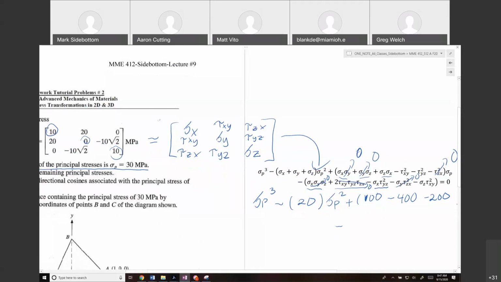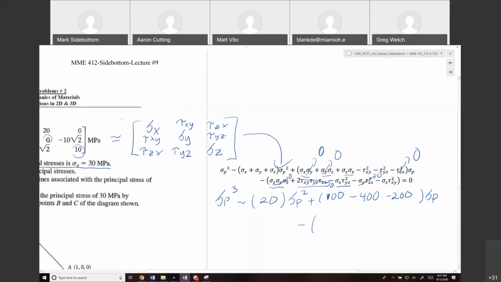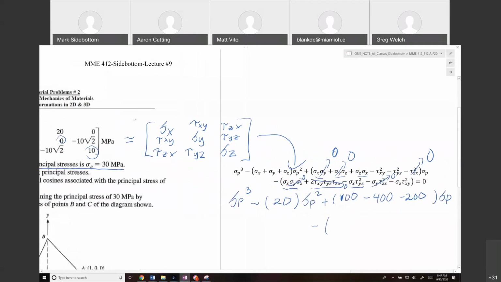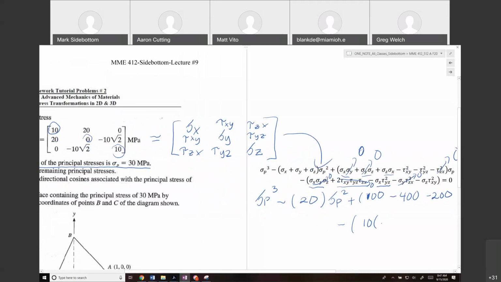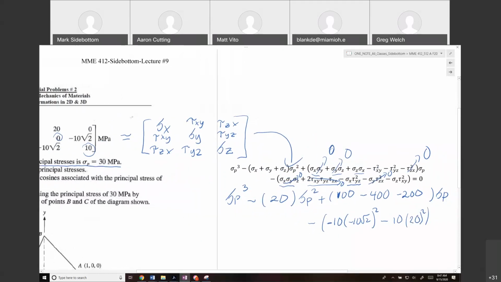We're going to have minus sigma x times tau yz squared, where sigma x is 10 and tau yz is 10 radical 2, squared. And then minus sigma z, which is also 10, times tau xy, which is 20 squared. We set that equal to 0.